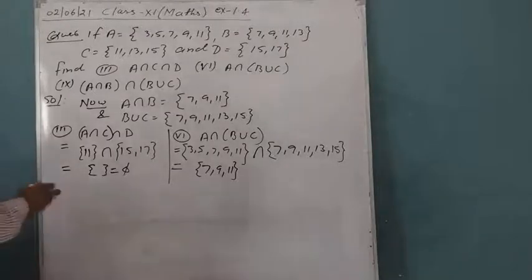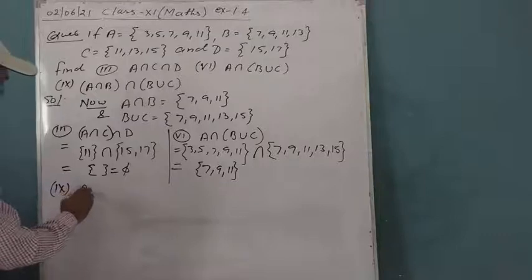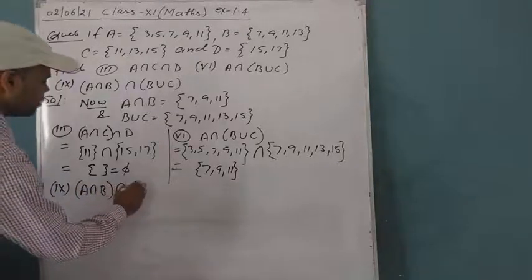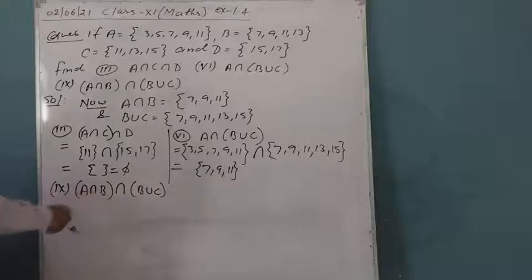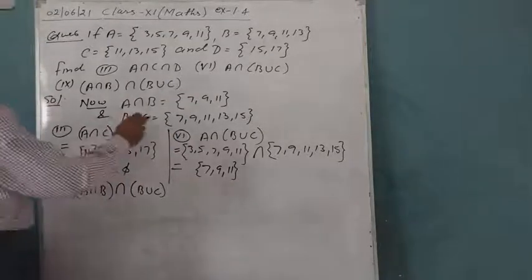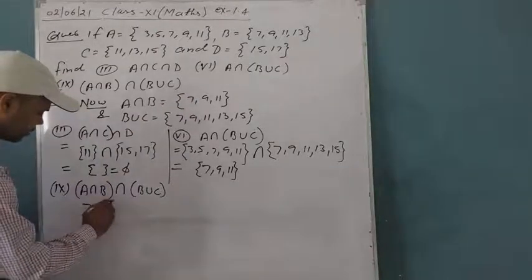Now ninth part, A intersection B intersection (B union C). Now put the values. A intersection B we have already found: 7, 9, 11.